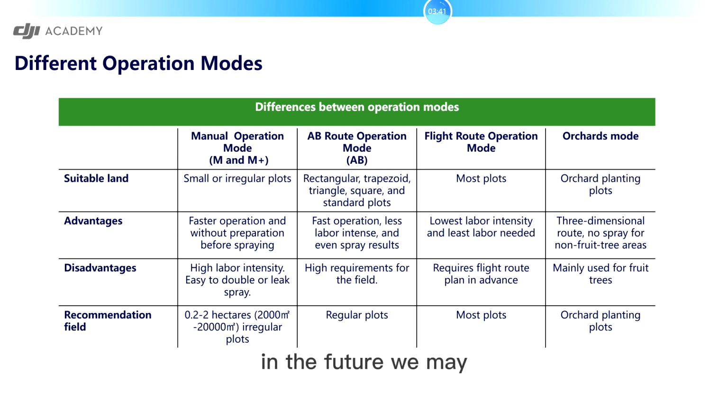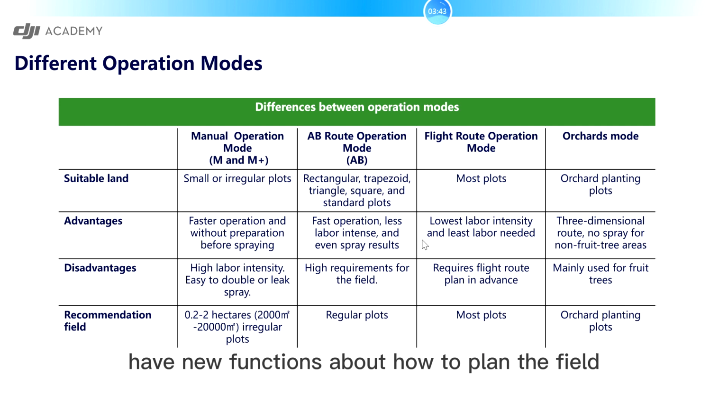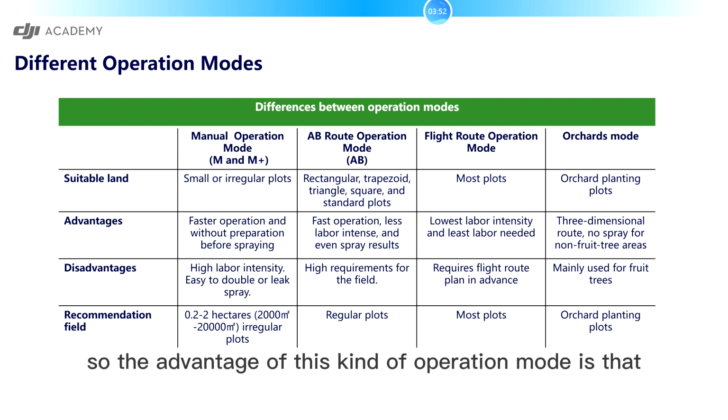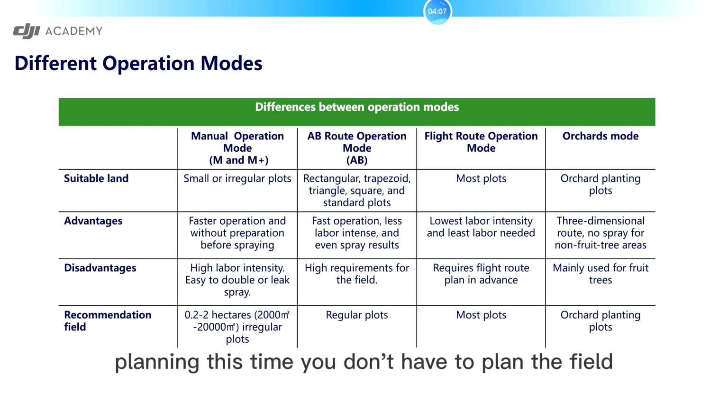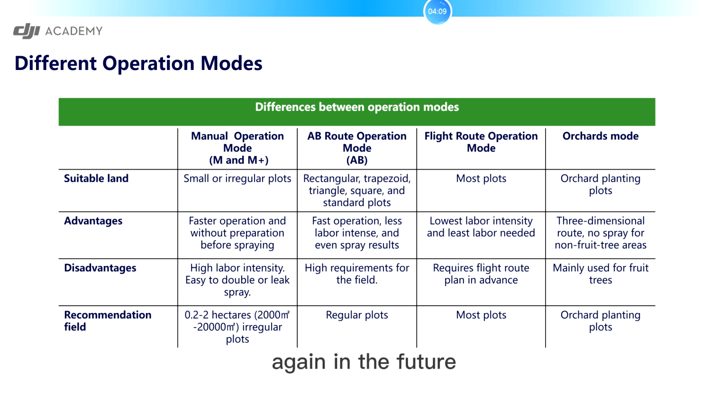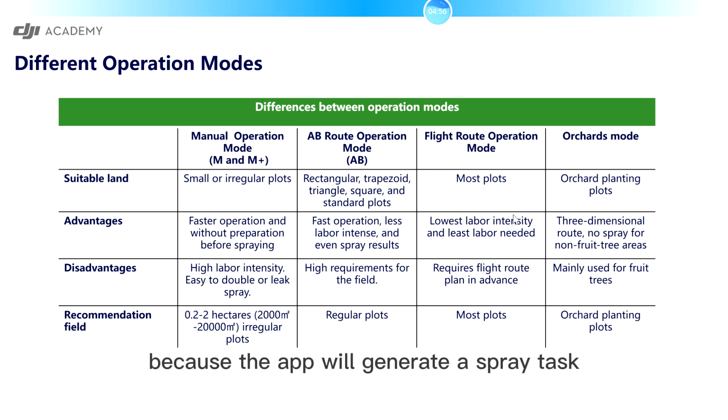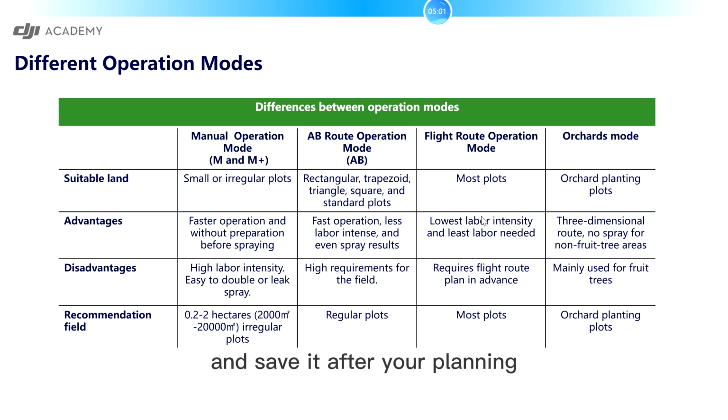In the future, we may have new functions about how to plan the field. So the advantage of this kind of operation mode is that it requires the lowest labor intensity, because after the planning this time, you don't have to plan the field again in the future, but directly record the field and spray, because the app will generate a spray task and save it after your planning.